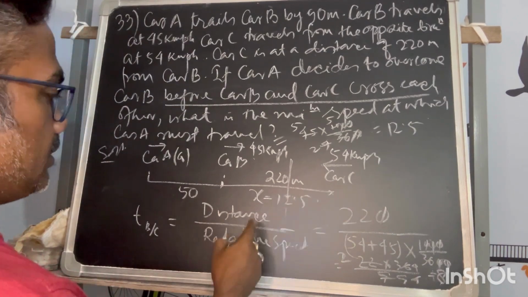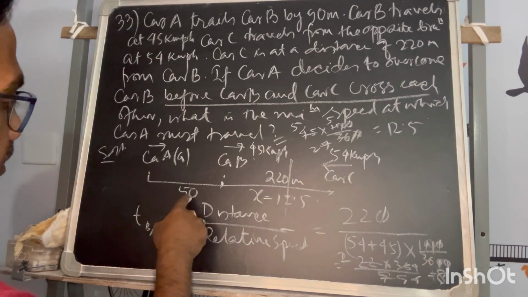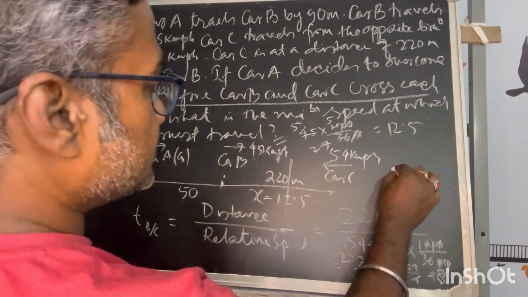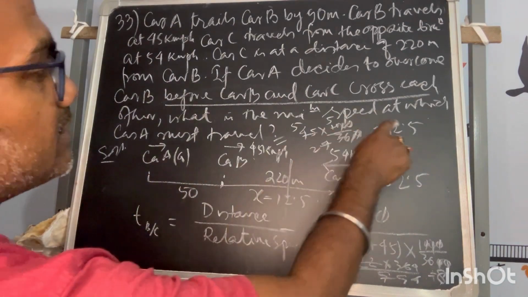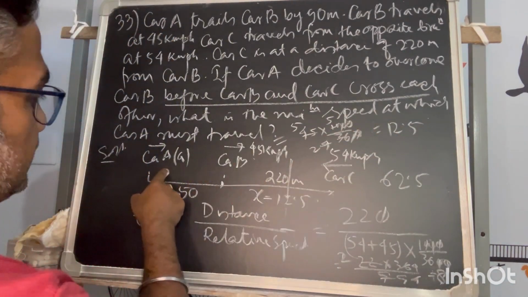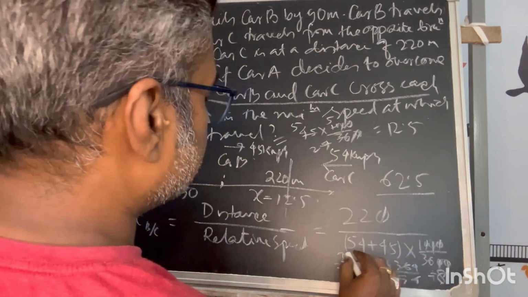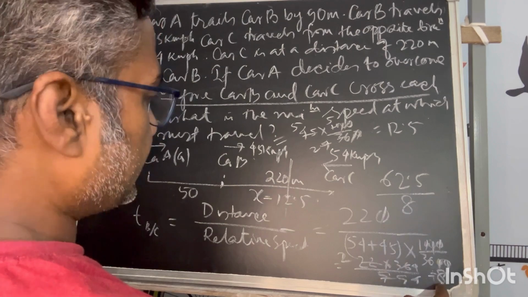So what distance will A move? 50 plus 12.5, that means 62.5 meter, in the same time they meet each other. So what is his minimum speed? It has to be 62.5 by 8.